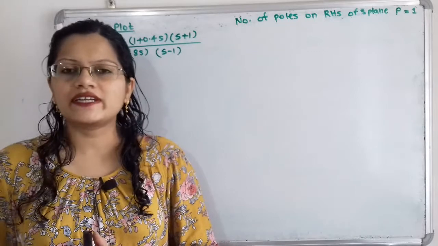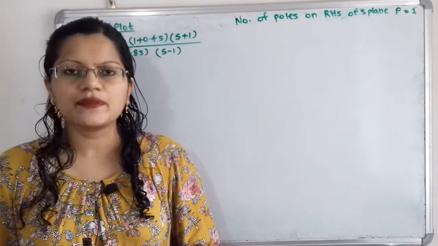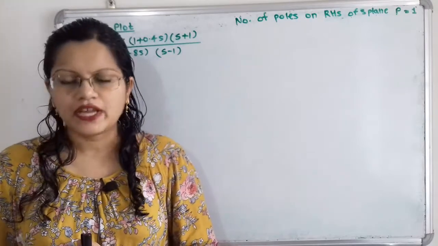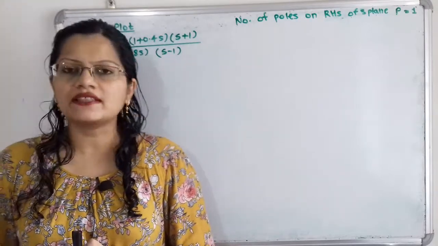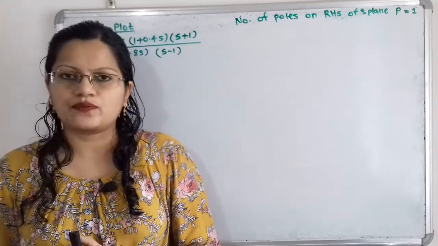As we have to determine the range of K for stability of the system, we will draw the polar plot and inverse polar plot, that is section C1 and section C3. No need to draw section C2.